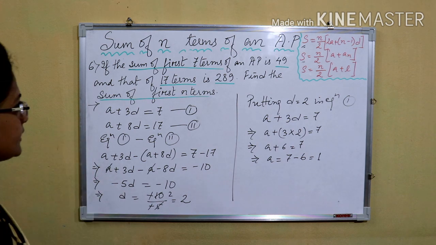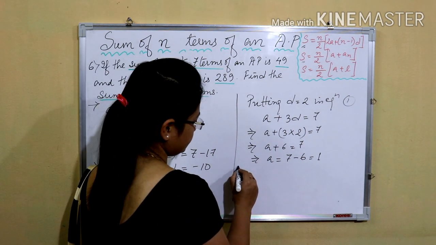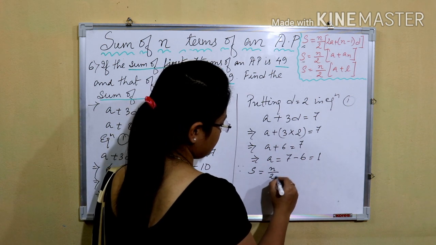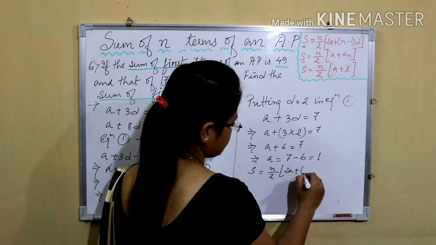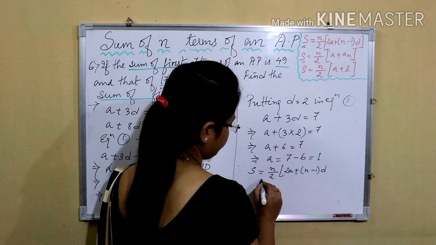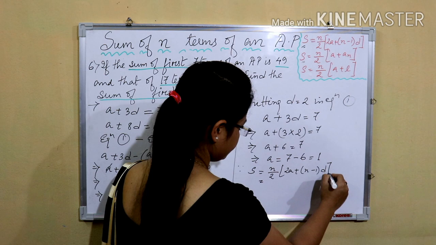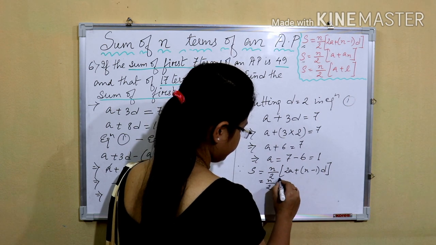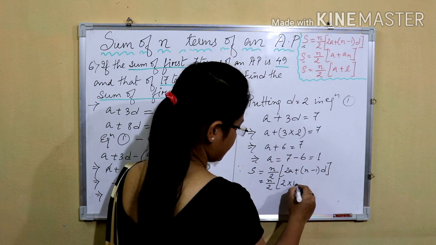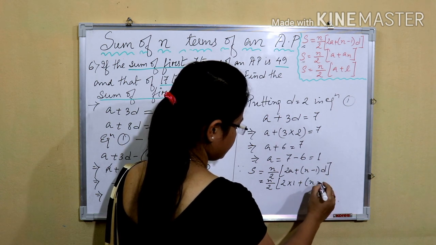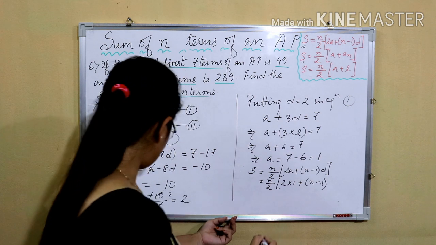So the sum of first n terms, since S equal to n by 2 (2a plus (n minus 1) d). So n by 2, (2 into 1 plus (n minus 1) d), we got d as 2.